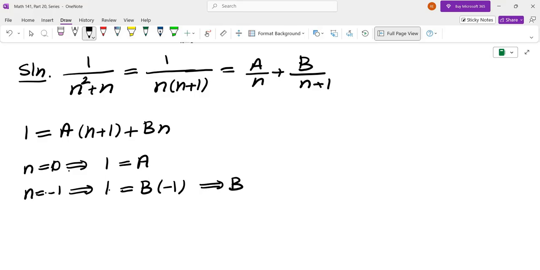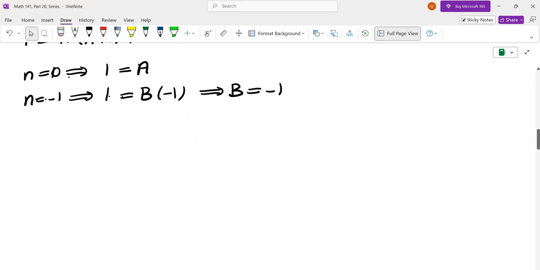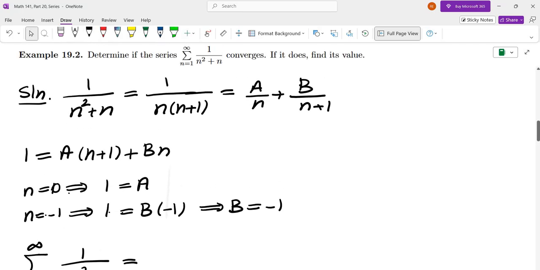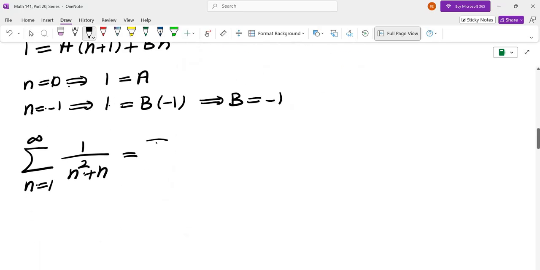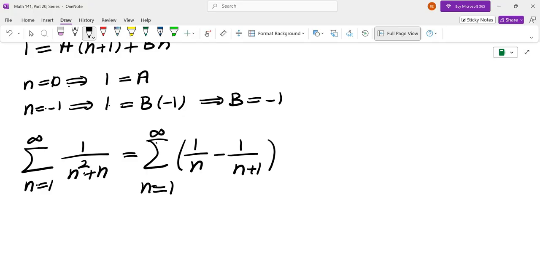So b is equal to negative 1. In other words, we can write down the sum n equals 1 to infinity of 1 over n squared plus n, which is the sum that they gave us, as the sum of 1 over n minus 1 over n plus 1, n equals 1 to infinity.